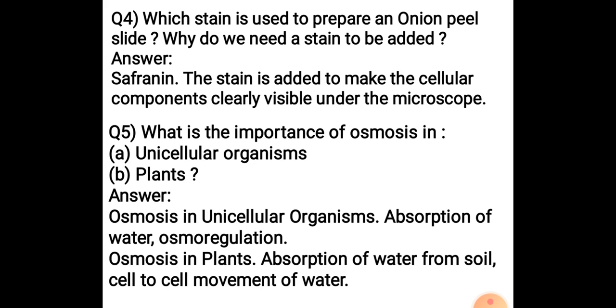In plants, absorption of water from the soil and cell to cell movement of water is also done by osmosis. First, water is absorbed from the soil according to the concentration gradient, and then this water moves from one cell to another until it reaches the top of the plant.